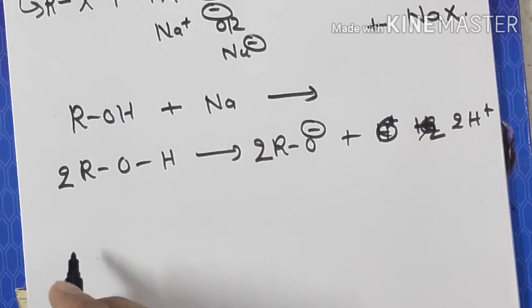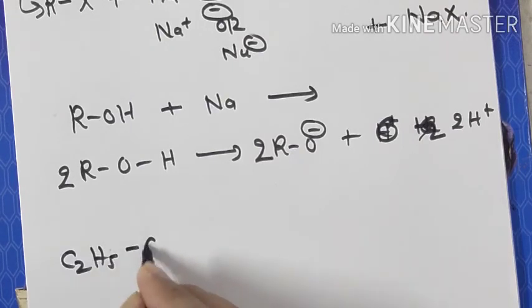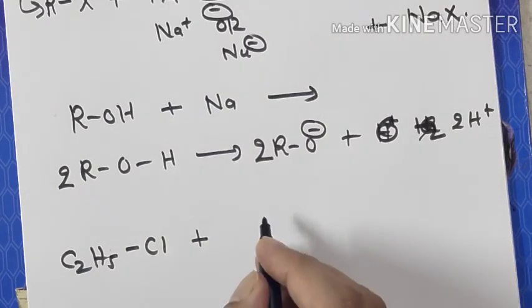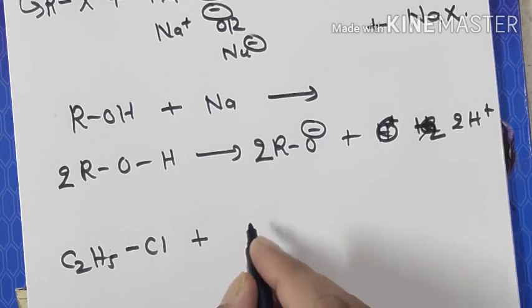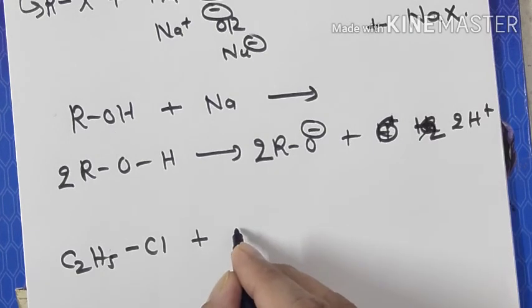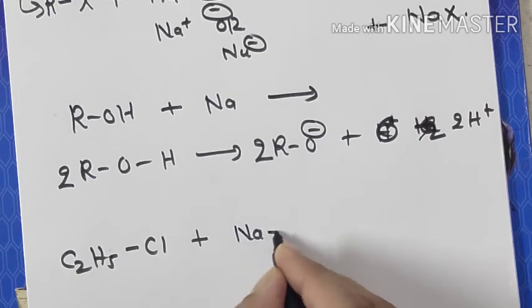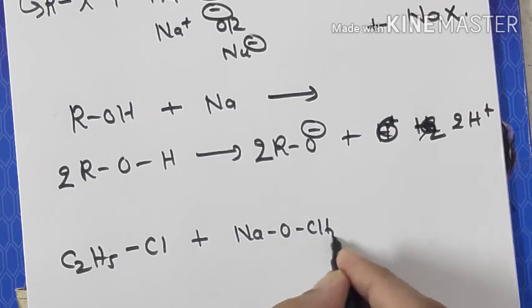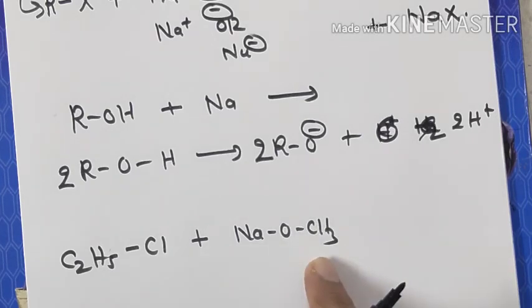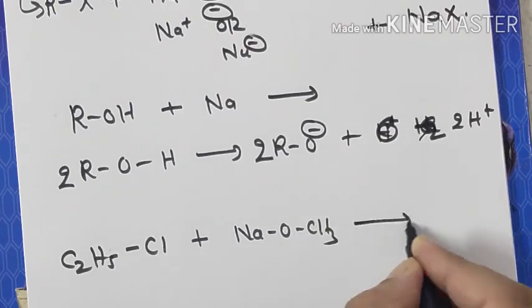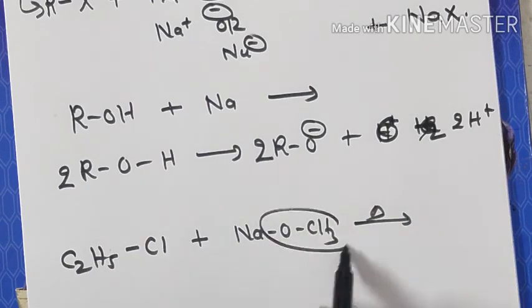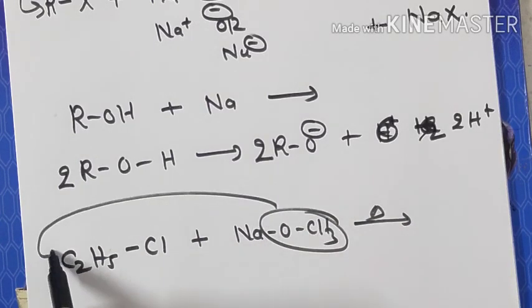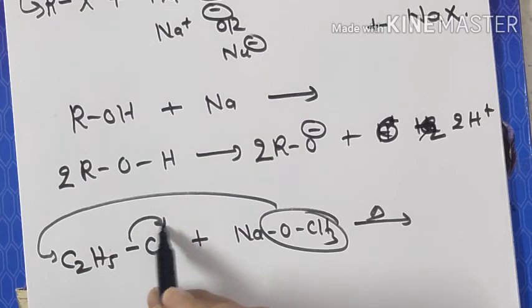Let's understand with one example. Suppose I take C2H5Cl, ethyl chloride. I treat this with NaOCH3, sodium methoxide. This is going to attack, and this chlorine comes out.